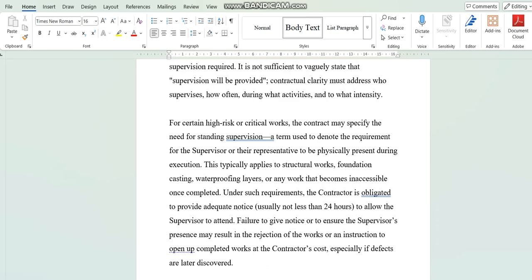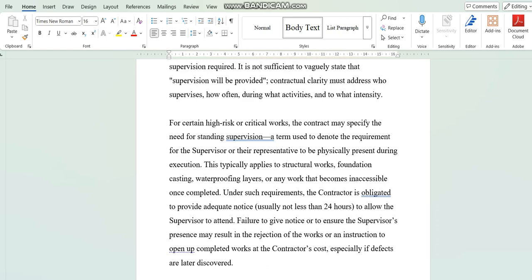Okay, and how many times you do the supervision, how many times you do the inspection, how many times you carry out the testing, these are all under supervision, or how many times you should keep the record, how often should you visit that particular work, when do you have to visit the work, when do you have to check, these are all under supervision. The category of supervision is encompassing. It's actually encompassing a lot of things, you see. So a lot of things under quality is basically supervision in that sense.